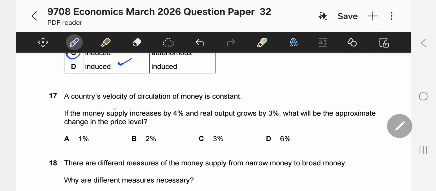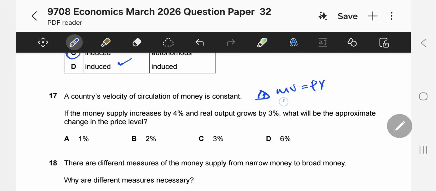A country's velocity of circulation of money is constant. If the money supply increases by 4% and real output by 3%, what will be the approximate change in the price level? We're just going to use this formula. First, let me write MV, which equals P multiplied by Y or Q. PY or PQ. The Y here stands for output.